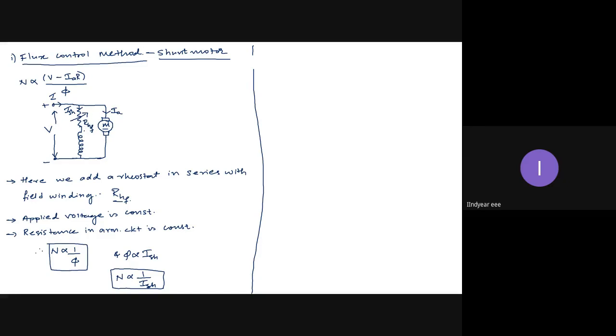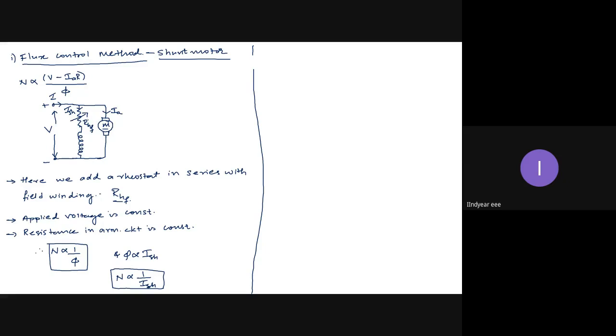So by adding resistance in the field circuit of the DC motor, the speed increases. But when I had kept the rheostatic value 0 initially, the speed was the rated value. Now, by decreasing the field current, that is, by increasing the resistance, the speed is going beyond the rated value. The minimum speed available with the flux control method is the rated speed. If I want to vary the speed using the flux control method, it will be varied only above the rated speed, above the normal speed or base speed.